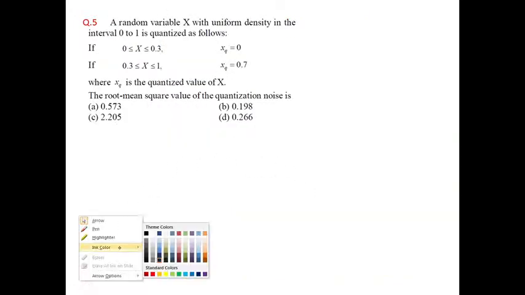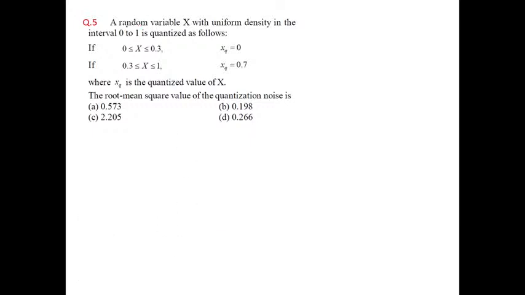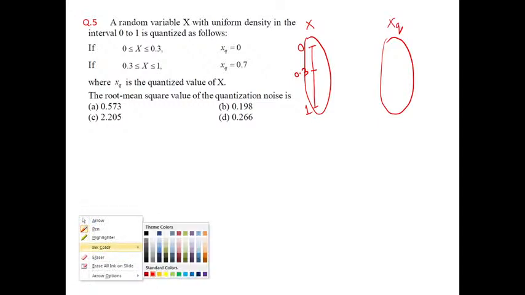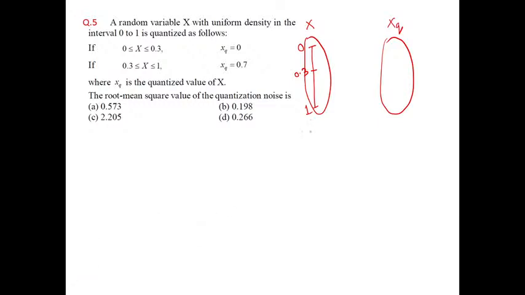Now this is a very good question. This says that a random variable x with uniform density in the interval 0 to 1 is quantized as follows. So this is our x and this is our xq. Now this x is varying between 0 to 1, and now xq is having two values only.